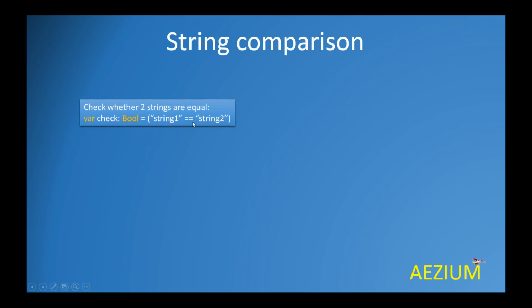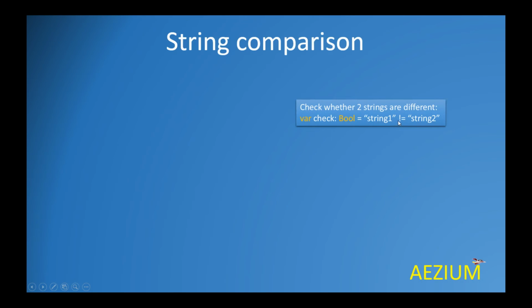We're using the equal to comparison operator, and we have two strings, string 1 and string 2, and we're comparing them to see whether they're equal or not. If they are, the Boolean true will be returned, and that value is assigned to our variable check, which is also a Boolean. So if these two are not equal, check will turn out to be false.